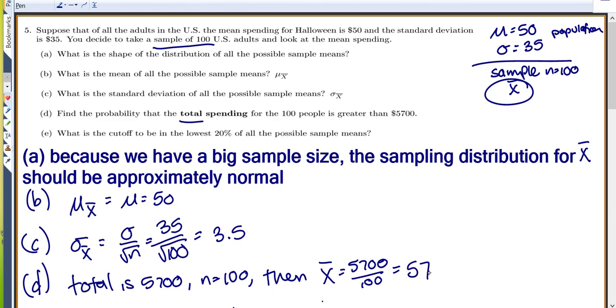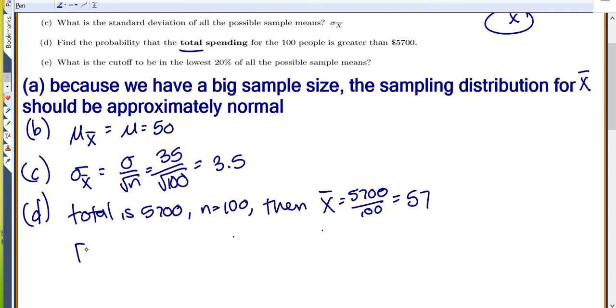So really, we're asking you to find the probability that our sample mean is greater than 57.